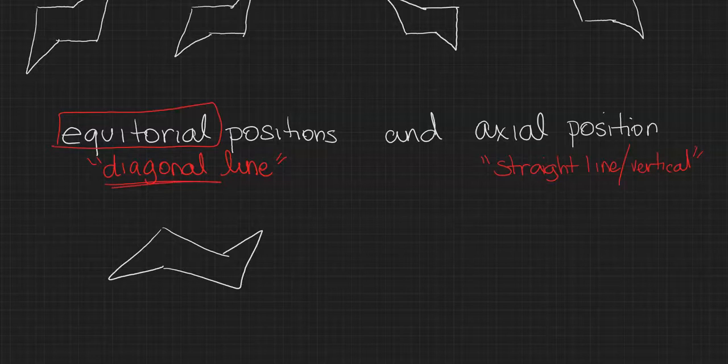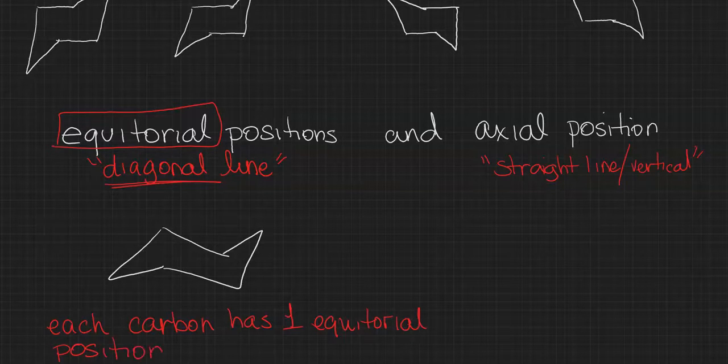So each carbon has one equatorial position. Each of these corners represents a carbon. So when we draw in our equatorial positions, we said they should be diagonal.